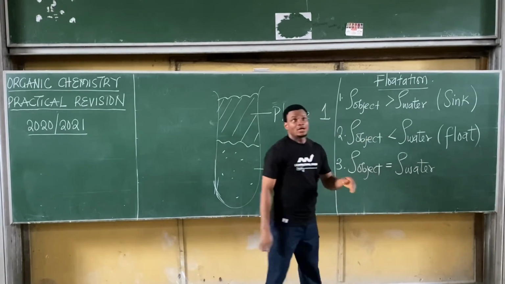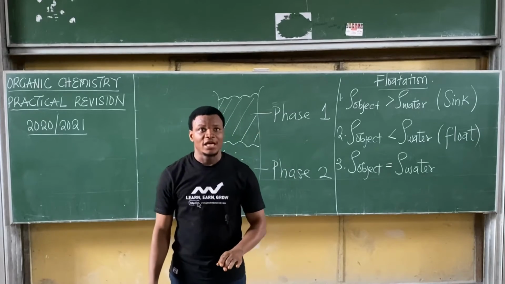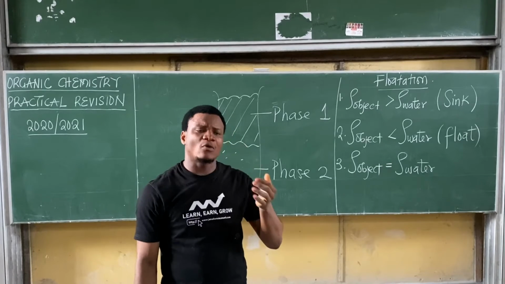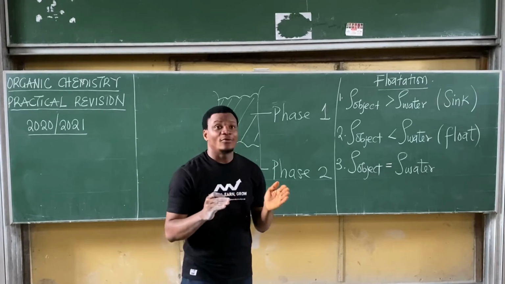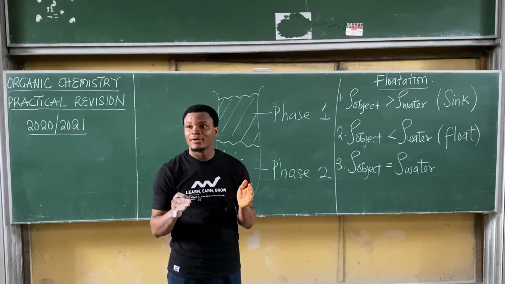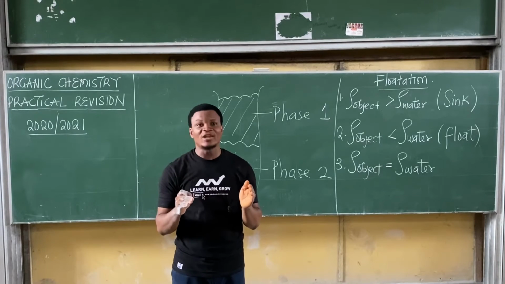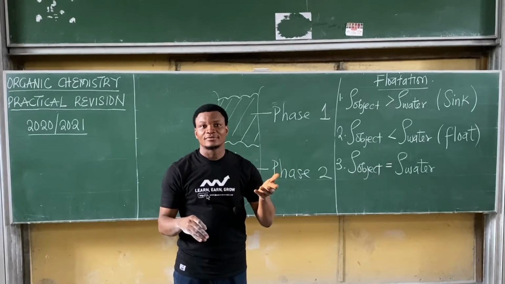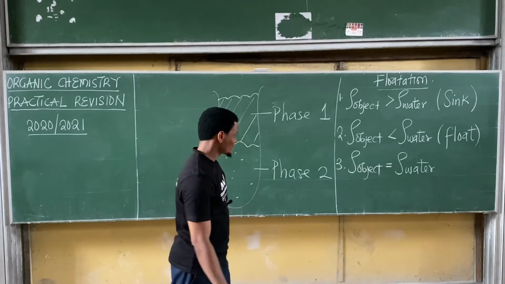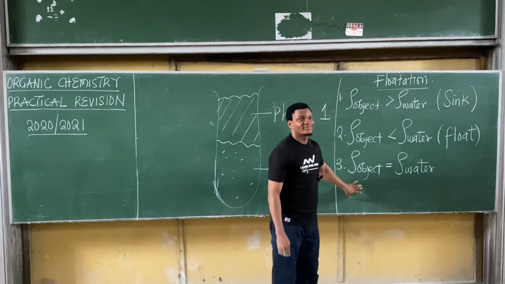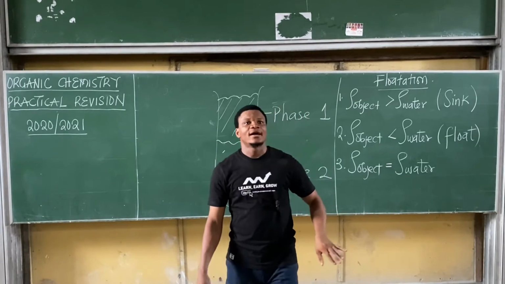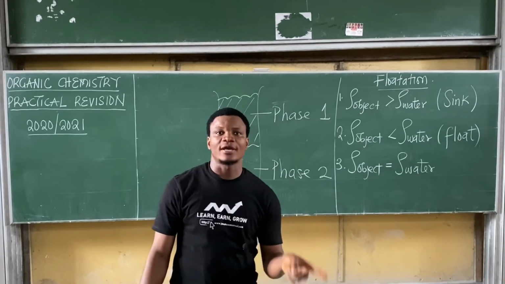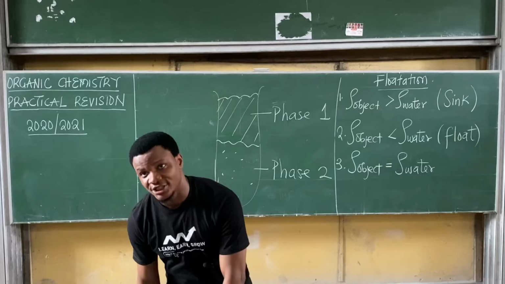If it's denser, it will sink. If it's less dense, it will float. What if they are equal in density? Sink, float, what? If an object has the same density as water, the object will float, being totally submerged.